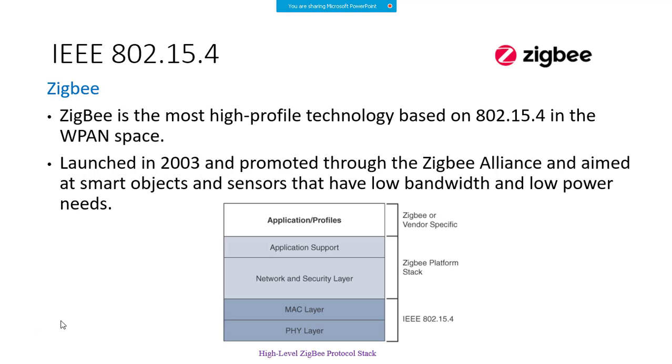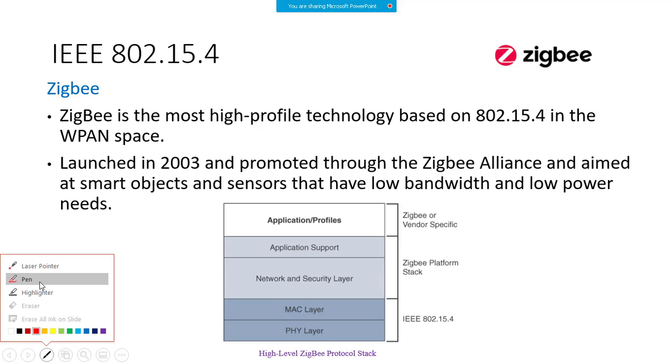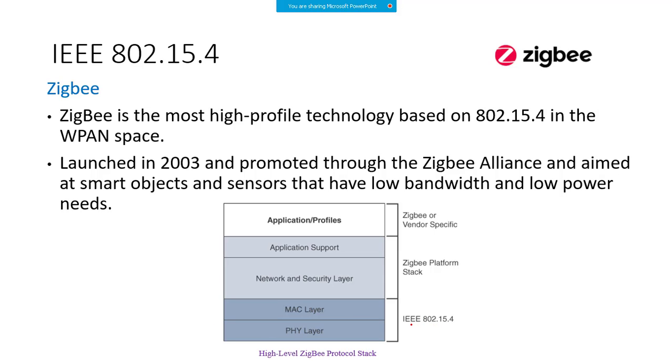So let us start with Zigbee now, on IEEE 802.15.4. Basically, Zigbee uses 802.15.4 at the physical and MAC layer, which you can see very clearly from this diagram, right? Here you can see IEEE 802.15.4 is used for the physical and MAC layer.